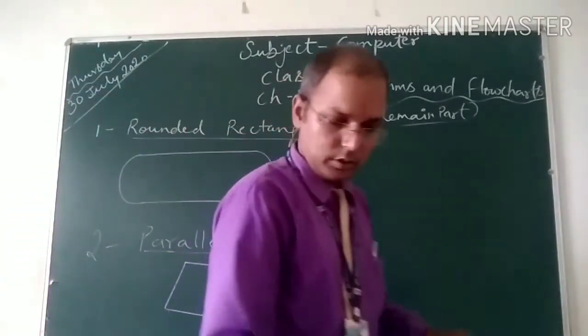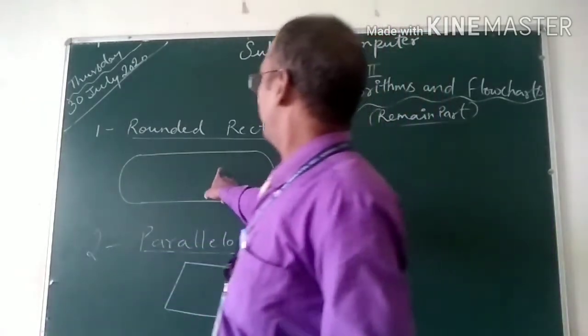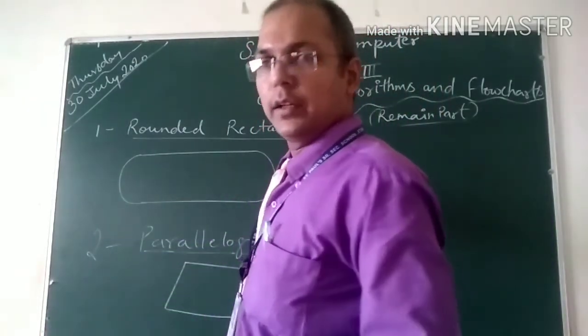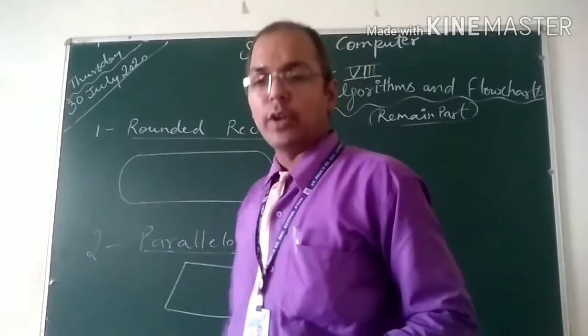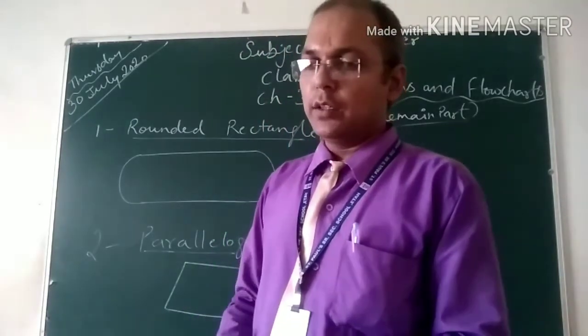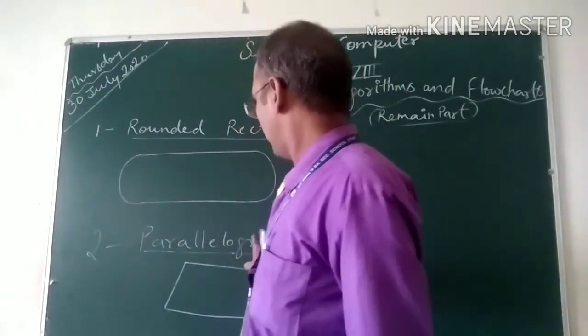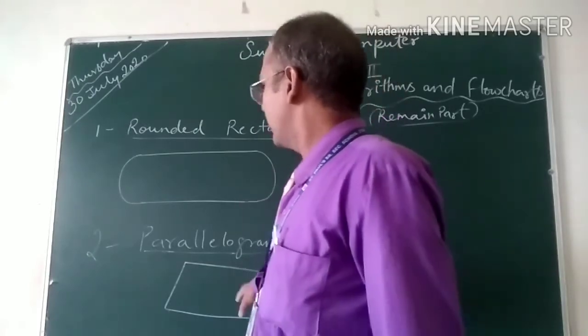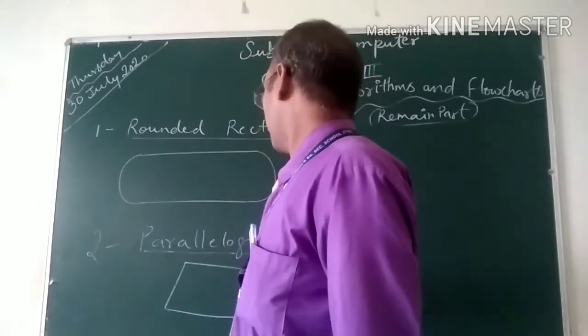So here are two symbols, one is a rounded rectangle and second is a parallelogram. My dear students, this is the name of this figure, and both are symbols.